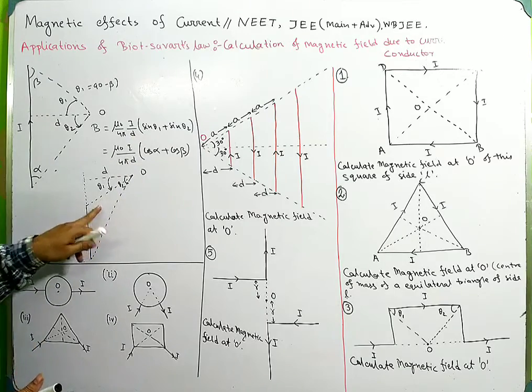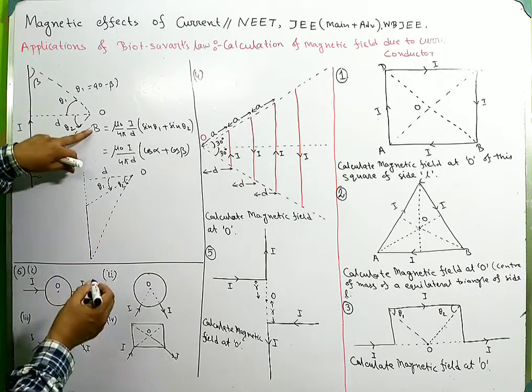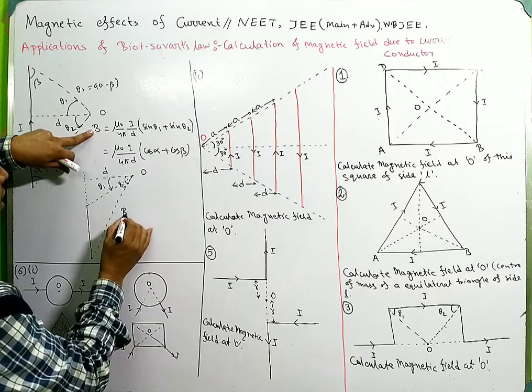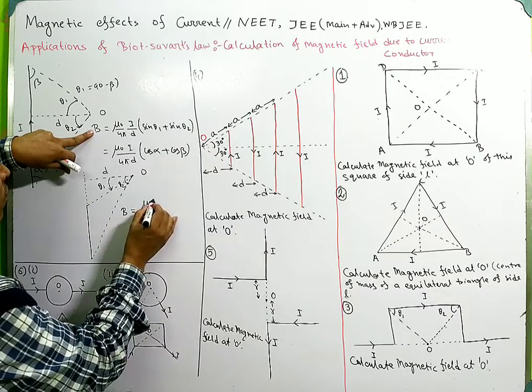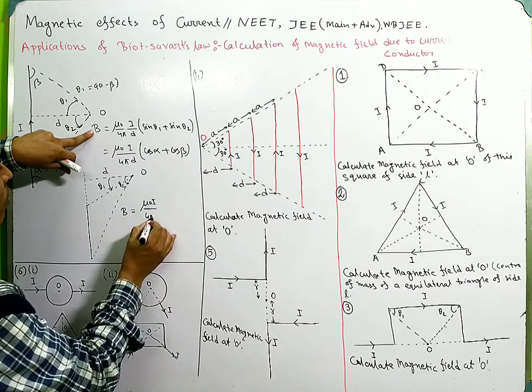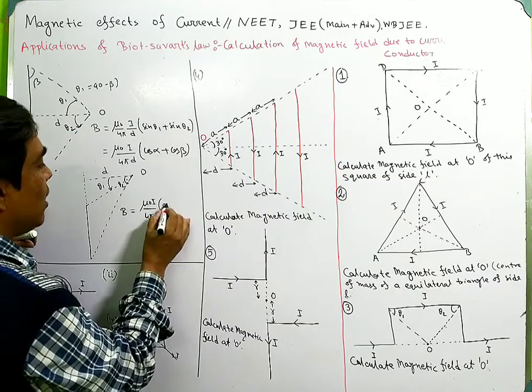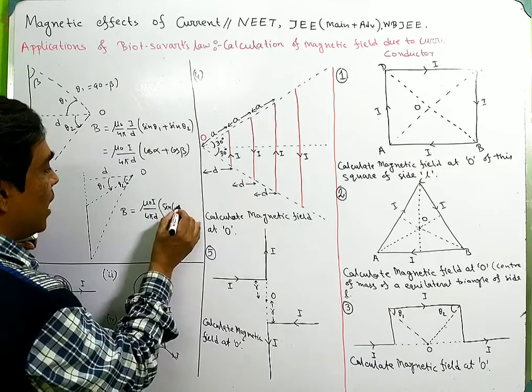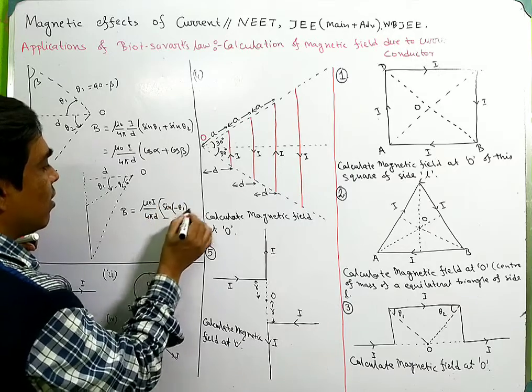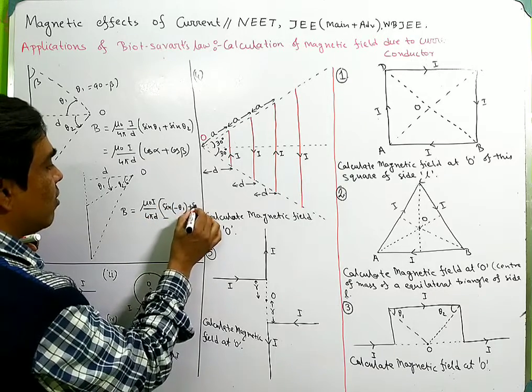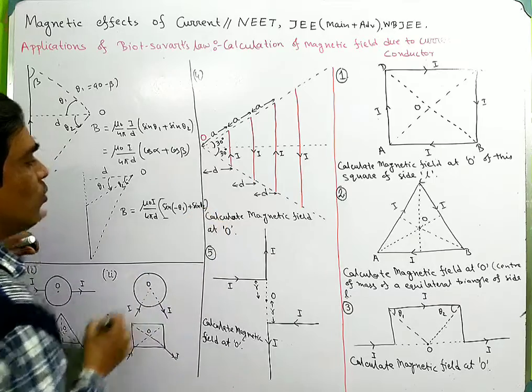So for this case the magnetic field will be B equals mu 0 I divided by 4 pi d into sine of minus theta 1 plus sine theta 2.